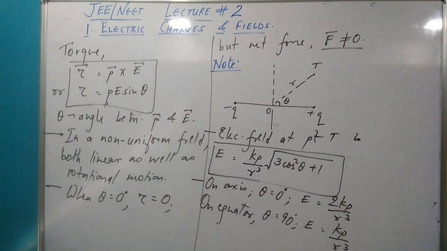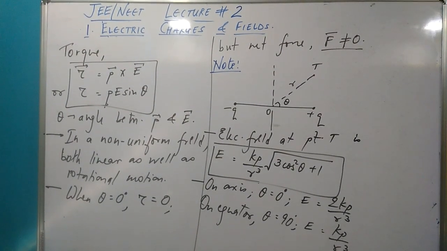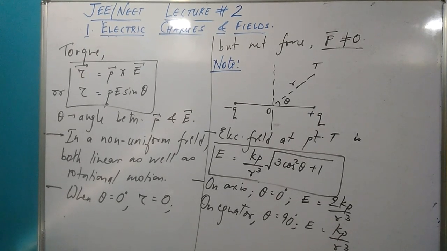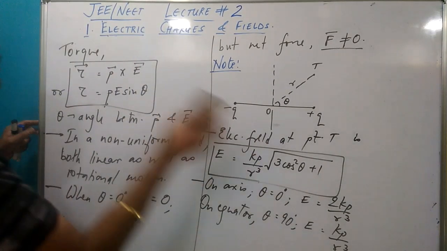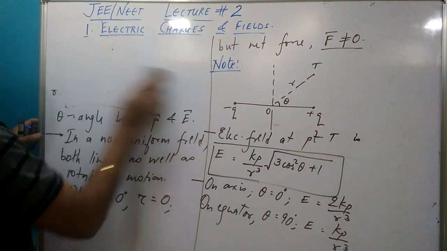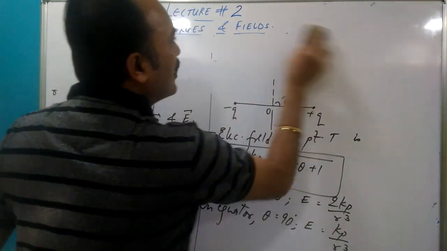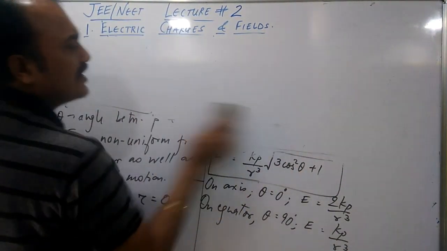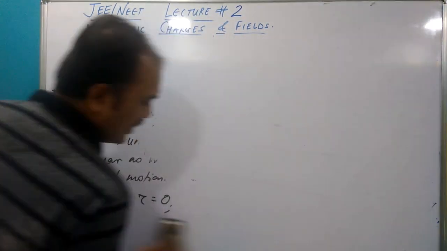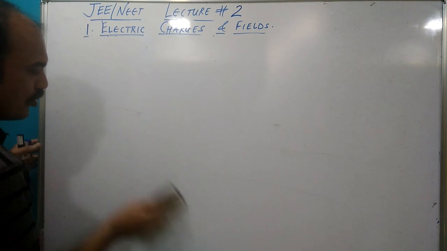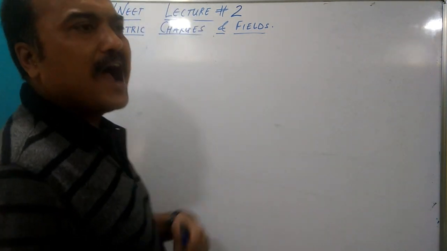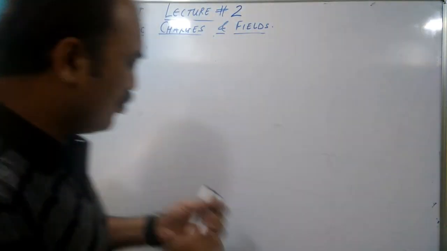Now, how much work would I have to do if I had to rotate a dipole from one point to another? This would be the part of our next idea, wherein we would try to find out that if I were to rotate, the dipole is already aligned. It is along the direction of electric field. And if I were to rotate it by an angle theta, how much work would I have to do?